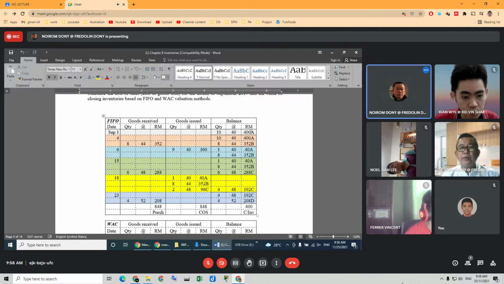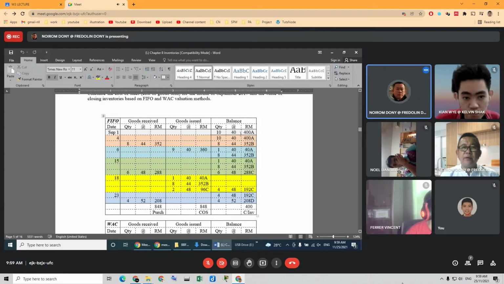Now, no more transactions on September the 1st. So we only have a transaction on the 4th, isn't it? If you look at the 4th, you have purchases, correct? So if you have purchases, you need to rewrite the balance first.